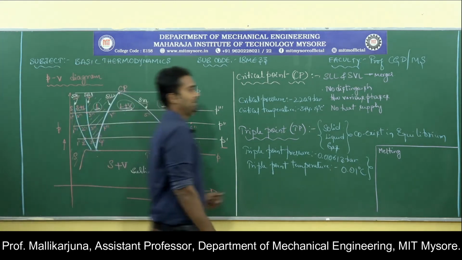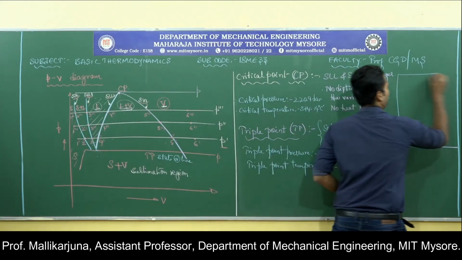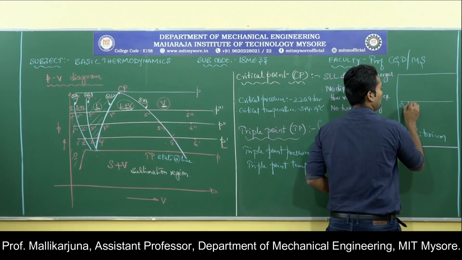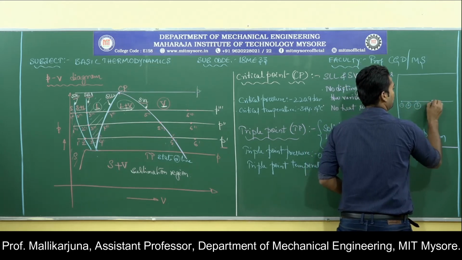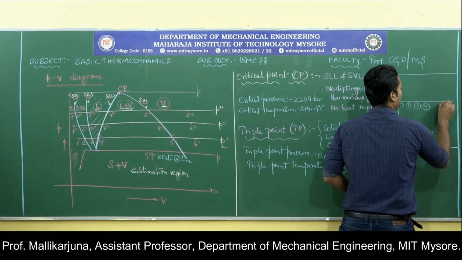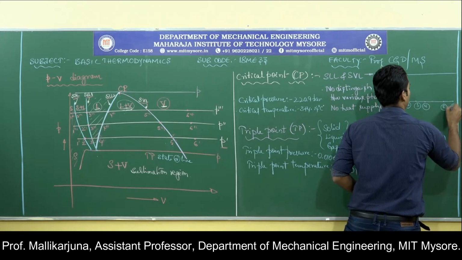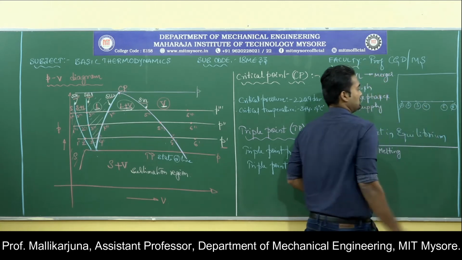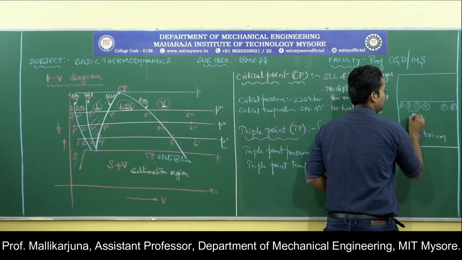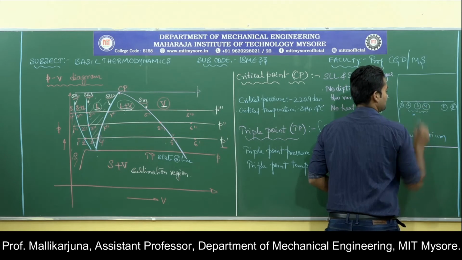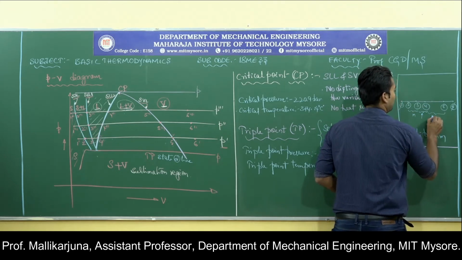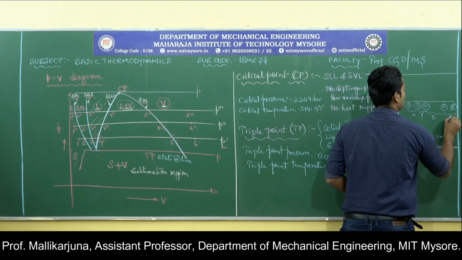Let me write the P dash line now. 1, 2, 3, 4, 5 and 6. We know 1 and 6 are not the state points, 2, 3, 4 and 5 are the state points. From here to here it is melting, from here to here it is absorbing the heat, from here to here it is boiling, from here to here it is superheating.